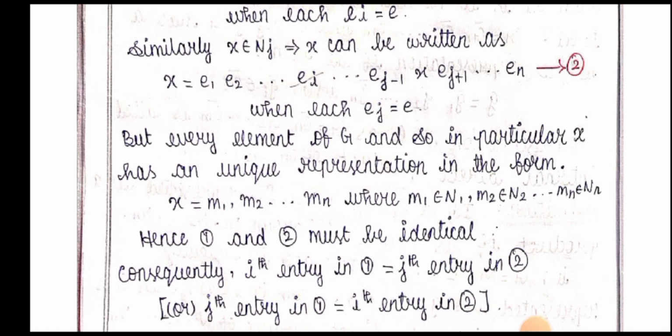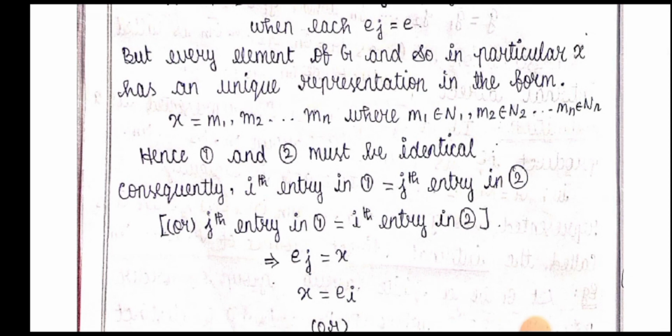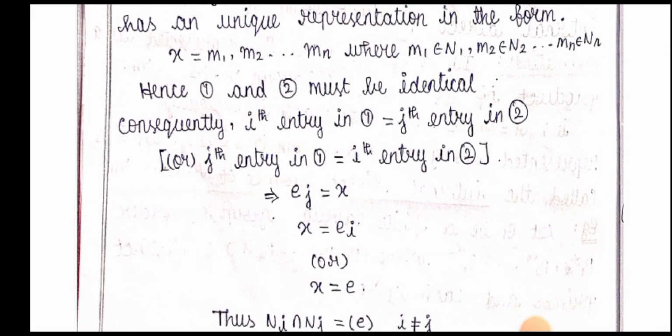That is, ith entry in 1 equal to ith entry in 2, or jth entry in 1 equal to jth entry in 2. This implies ej equal to x or x is equal to ei, and also this implies x is equal to e. Thus, Ni intersection Nj equal to identity for i not equal to j.